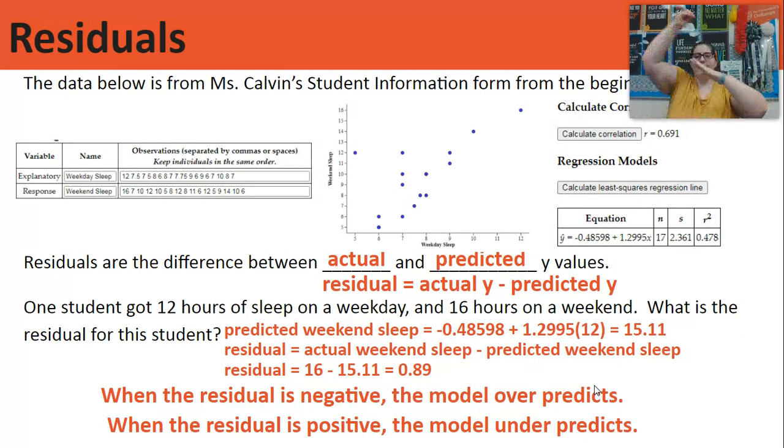When the residual is positive, that means the point is above the line. So our model, the linear regression line, is under predicting or underestimating what is true for that particular value. It seems kind of opposite, but just remember: residual positive means the point is above the line. Residual negative means the point is below the line. And the line is the prediction.